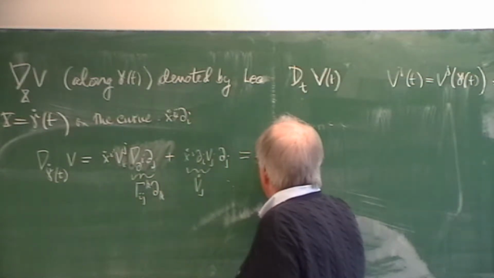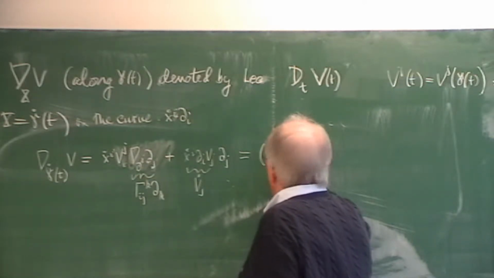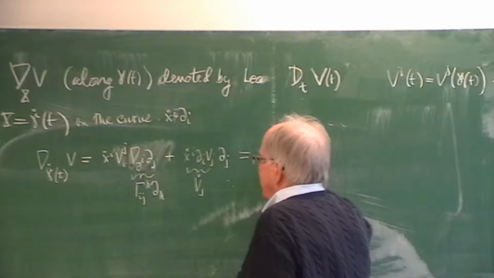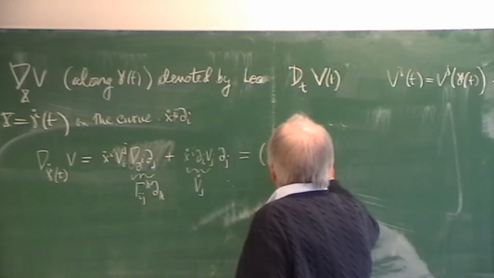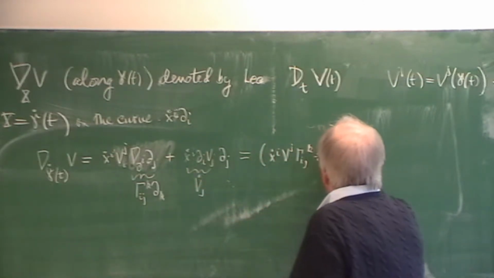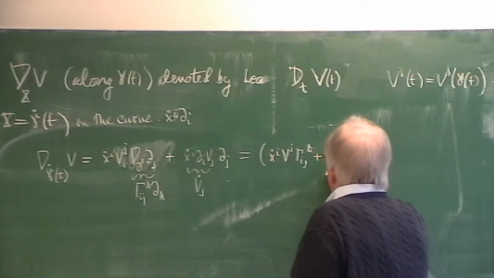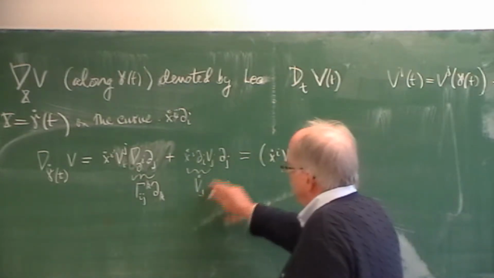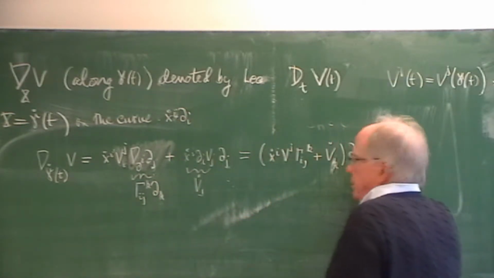So I'm going to write this as x point i V^j Gamma_ij^k plus V^k point. Now I want to use the same index here. So V^k point, V^k.